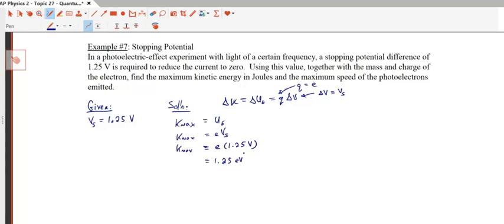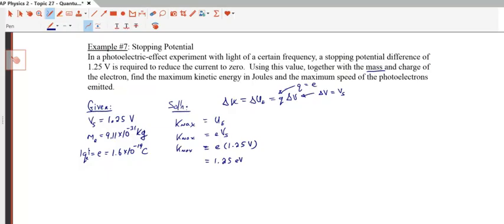We're going to be using that with other things like the mass of the electron, which is 9.11 times 10 to the power of negative 31 kilograms. The charge of an electron, which is just e, is 1.6 times 10 to the power of negative 19. I know it's negative, I just want the magnitude of that charge.